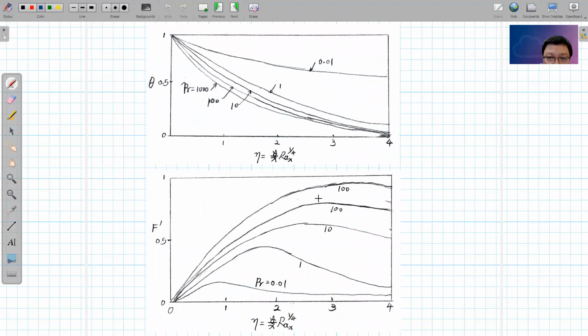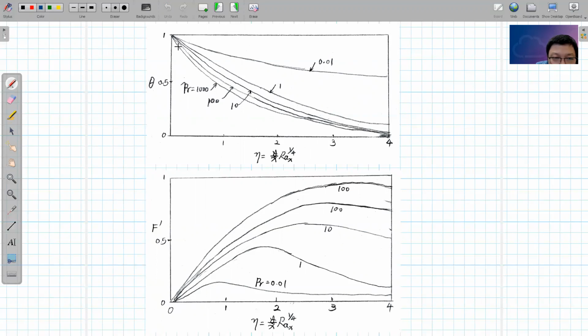So what does the result look like? This is the solution for theta. The x coordinate is eta, the similarity variable, and the y value is theta. You can think of this as the temperature profile inside the boundary layer, because eta is indeed a location in y if x is fixed at a point.